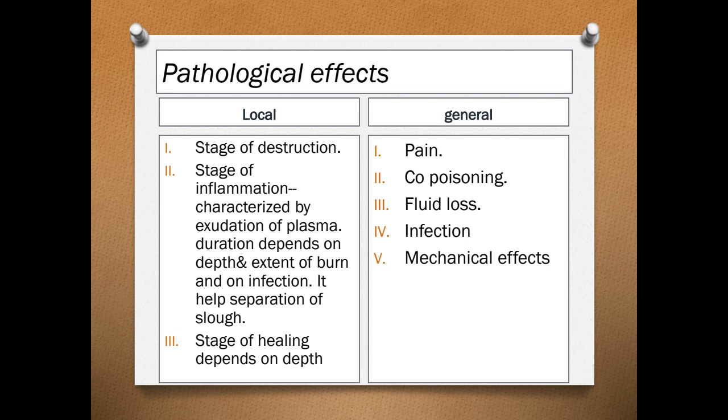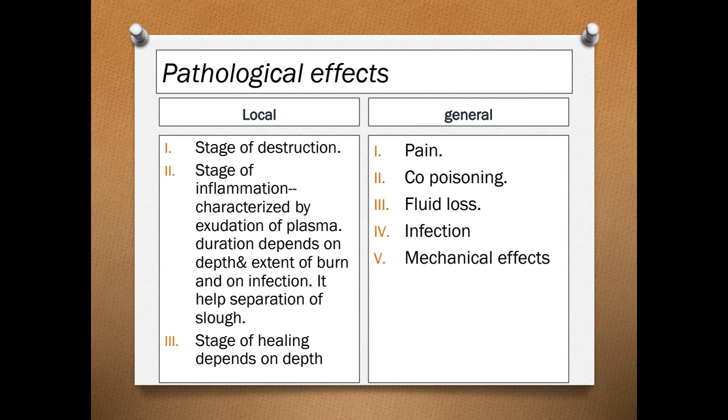Pathological effects locally. There are 3 stages of the burn. There is a stage of destruction, immediately after the burn insult. Then after the insult, you have the stage of inflammation, which is a natural response of the body to the burn insult or burn trauma.